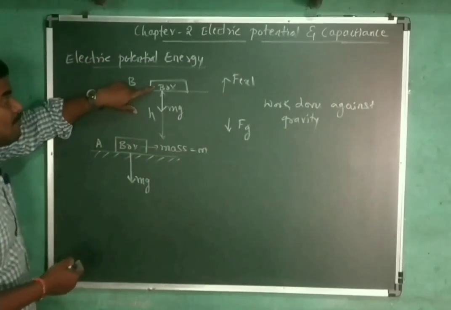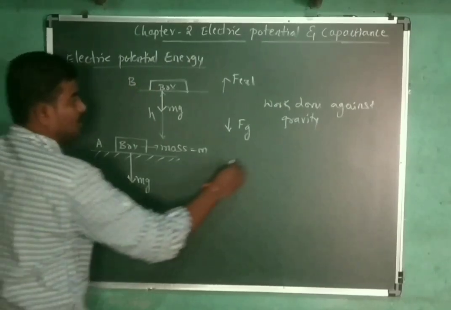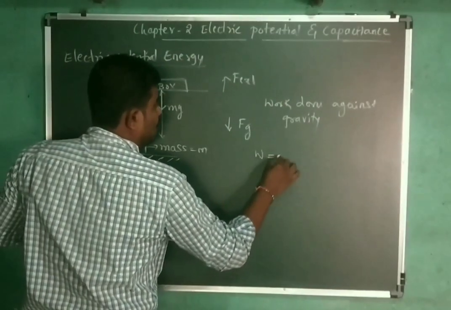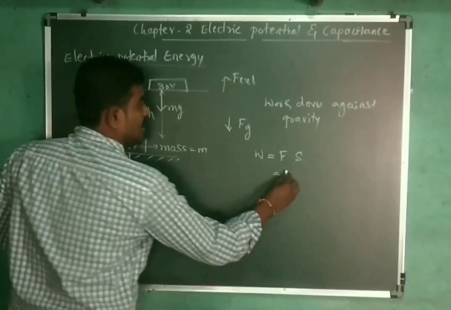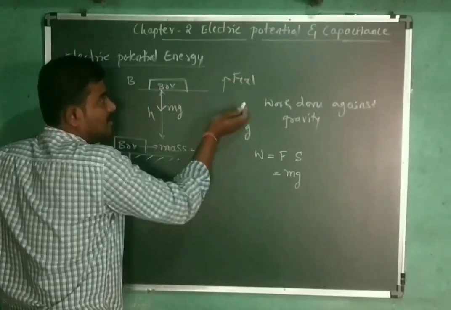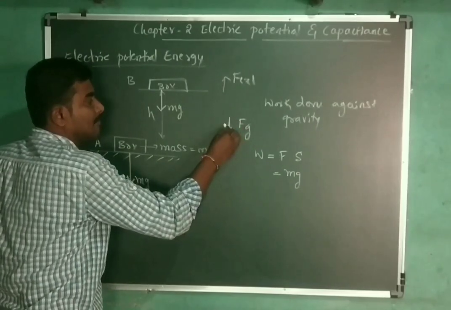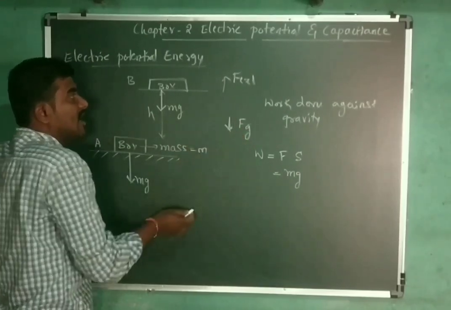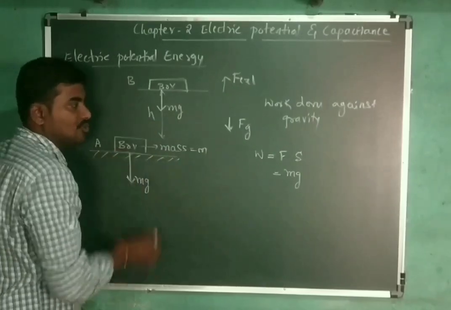Now this box is having energy, and that energy is equal to how much? We can calculate that. W is equal to force into displacement, and force is how much? It is m into g. Because this F external force, the amount of force I have applied and the amount of force that gravity is applying on this box, both have to be equal and opposite.